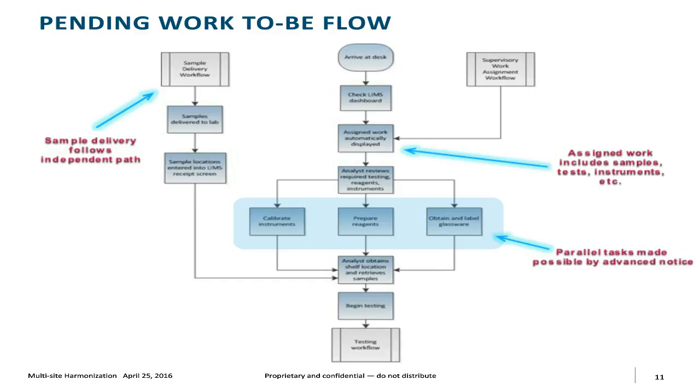If we can fire the starting gun the night before, and a lot of these things become known, we get a jump on the next day's worth of work. We also look for the fact that wait states can be eliminated due to automatic notification of the samples in the lab. So all of those things about obtaining locations, we can look at the location of the samples if they're in a special room or something like that, because they've been logged in usually by barcodes, by sample delivery people. So we look at all of these things when we're developing a future state environment.